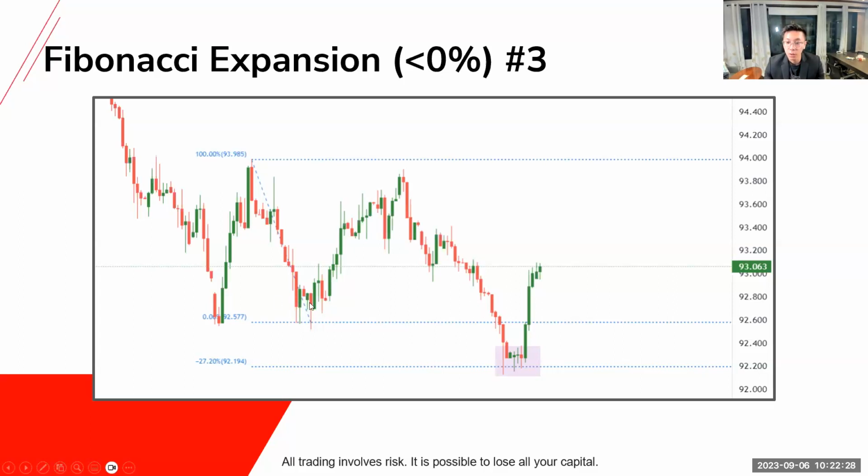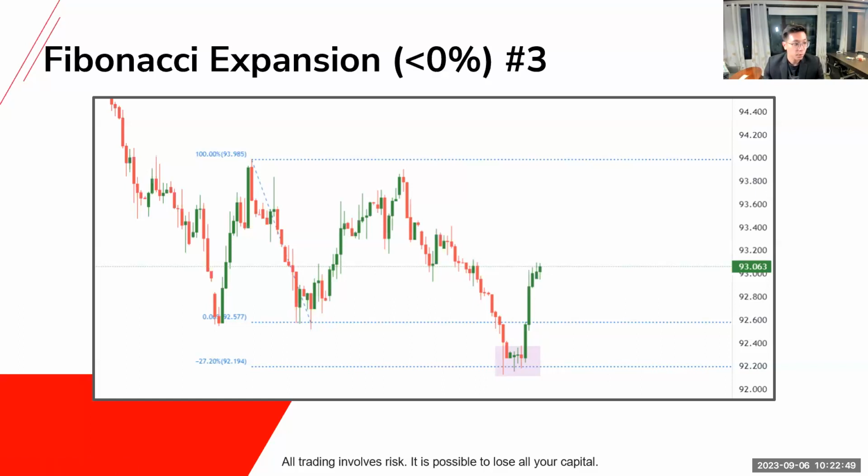It broke past this low, so that's your second criteria. Then it bounced off this negative 27.2 expansion level. You can see right here, over all the different weeks, price didn't even close below this negative 27.2 expansion level and flew up.